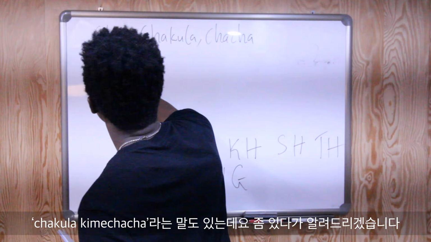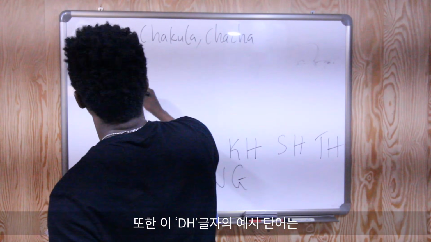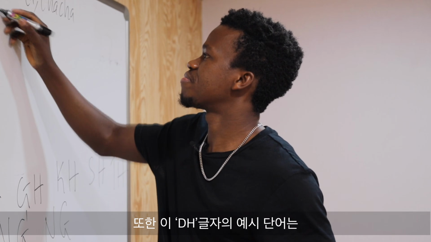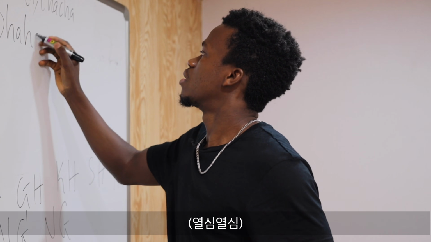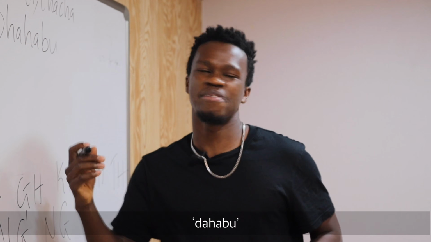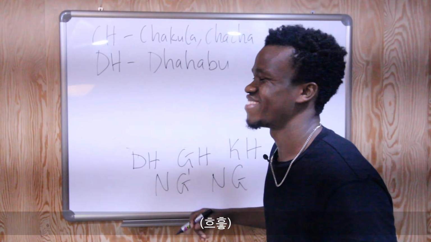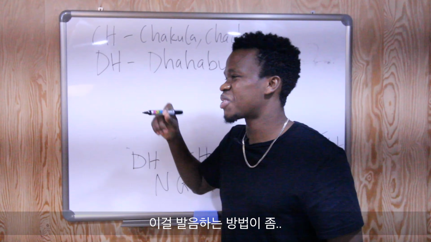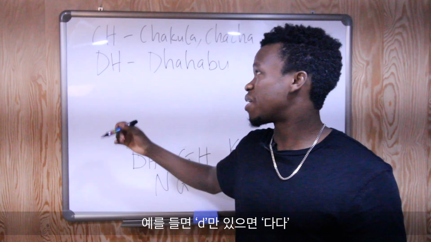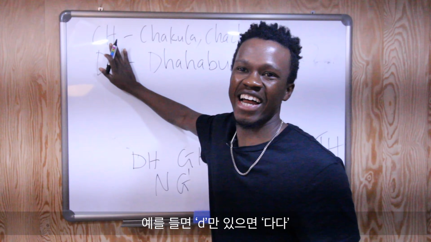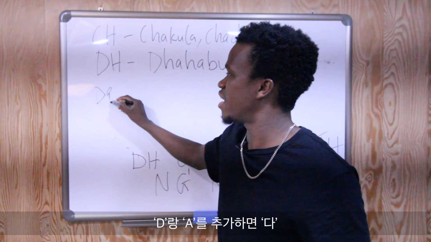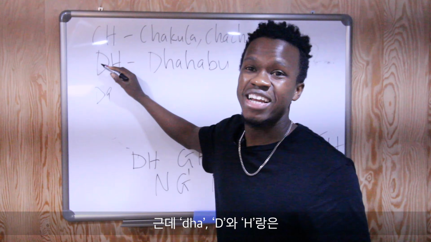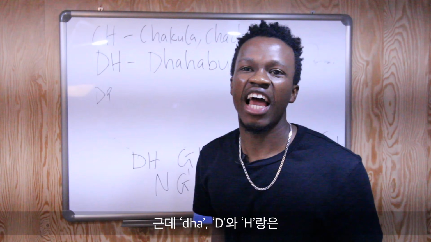Chacha, the same thing. But also DH, an example of a word with DH is dhahabu. So the way you pronounce this is also a little bit different. For example, if you have just D, it's da. If I add D with A it's da, but D and H is dha.